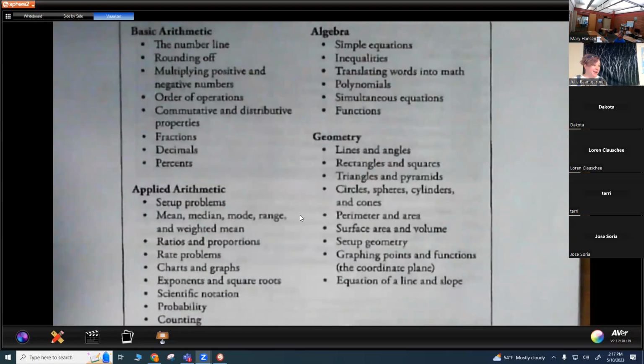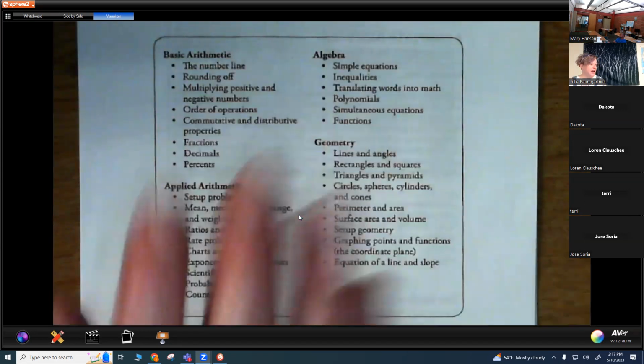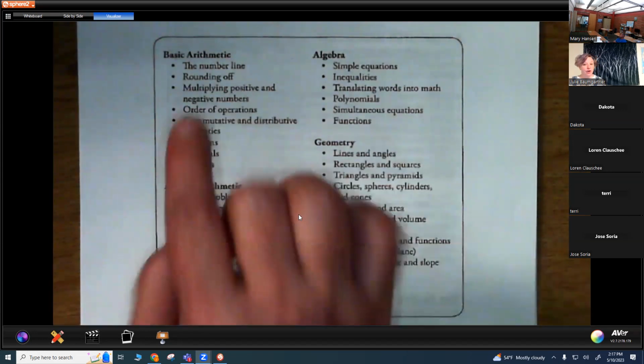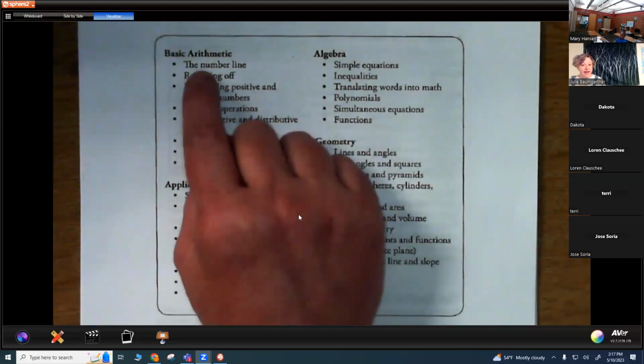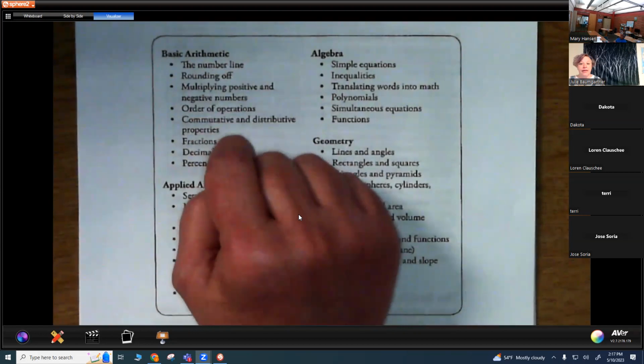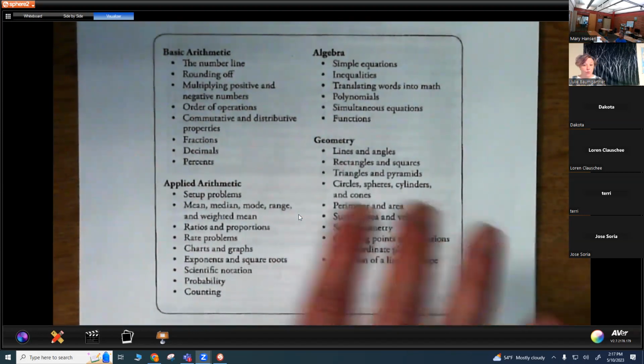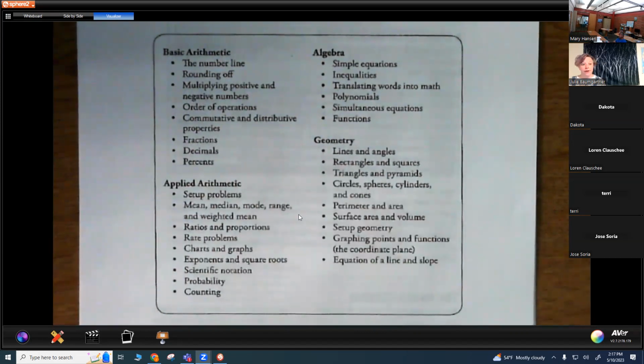Of course, sometimes we can't get to everything, but you can definitely use this chart to help. Go through it and think, yes, I know what this means, I feel like I'm good on rounding, and see where you feel you're strong, where you think you might not be as strong.